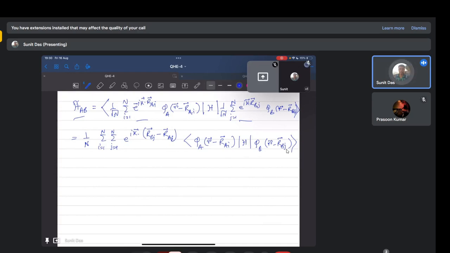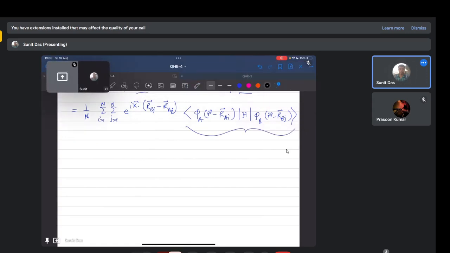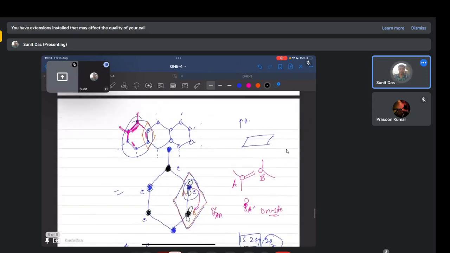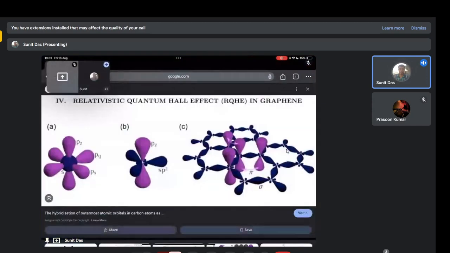Okay. Now the important approximation, or the interesting part, will be from these two terms. Basically, the main term being this one. What this bracketed term represents is that it takes the inner product with the Hamiltonian of all possible A type and all possible B type. So what do we mean by that? If I go back to this drawing, or let me actually draw some graphene, it will be more clear, because the drawing is getting dirtier.